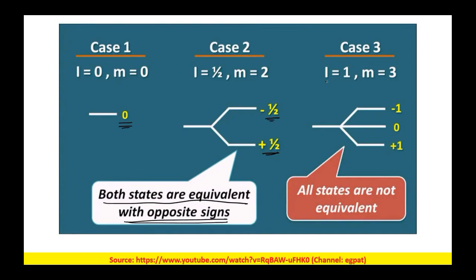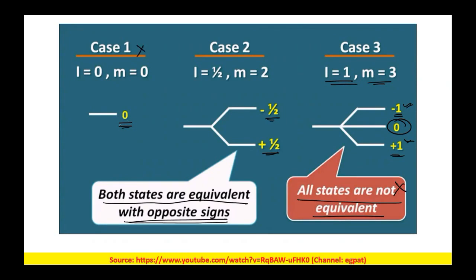Whereas in case 3, when I is equal to 1 and M is equal to 3, there are 3 spin states, plus 1 and minus 1, which should have been fine. But there is also a 0 spin state. So all the states after the excitation are not equivalent, and hence in case 3 these atoms are not active.